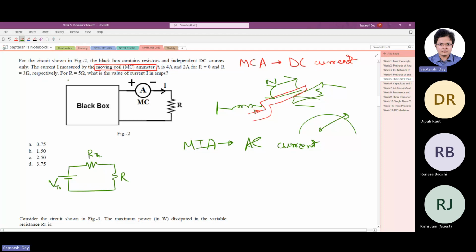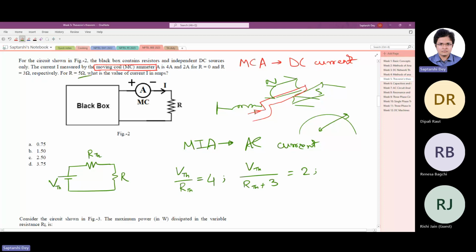Now the question is, when R is 0, so basically when it is short circuited, VTH by RTH is 4, and when R is 3 ohm, VTH by RTH plus 3 is 2. These two they have told us.